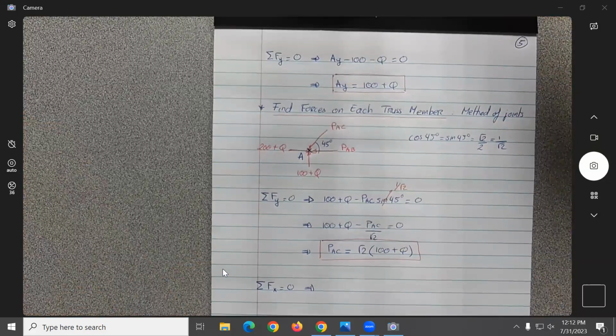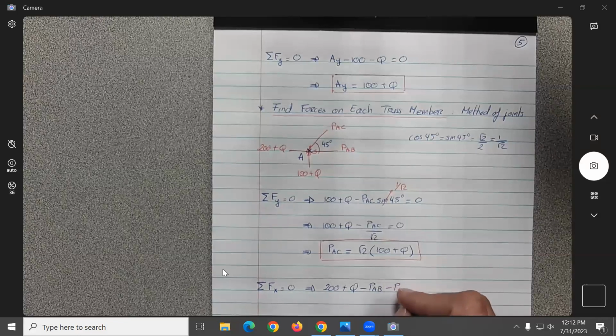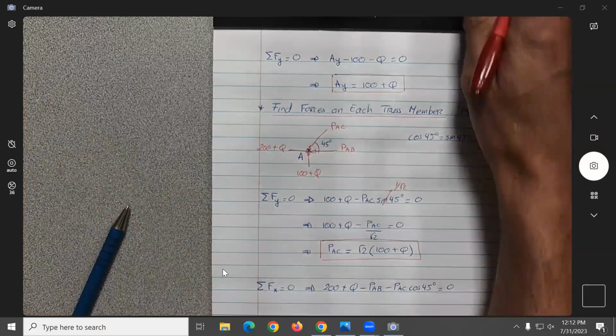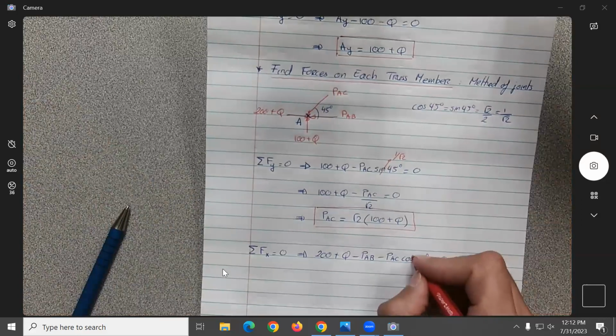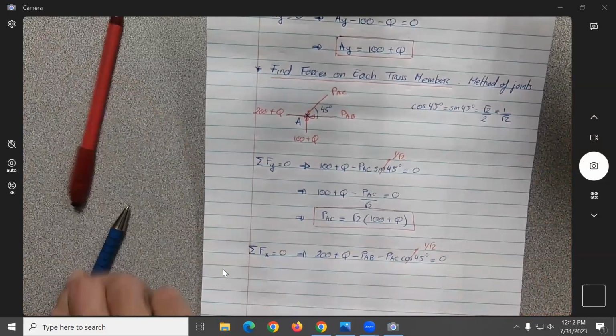So we do the summation on the X, what are we going to get? 200 plus Q minus PAB minus PAC cosine 45 equal to 0. Okay? And we can say cosine 45 is 1 over square root of 2.